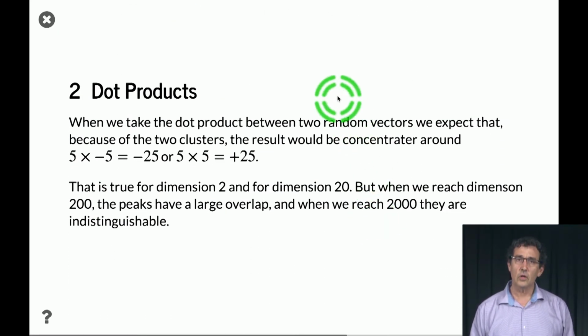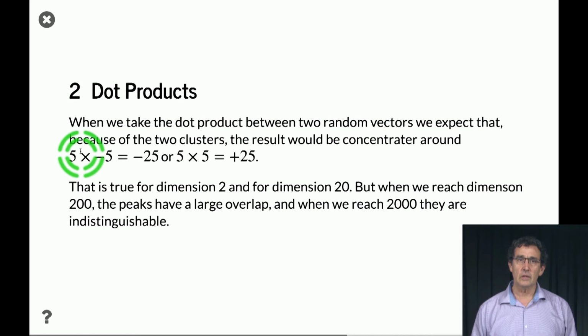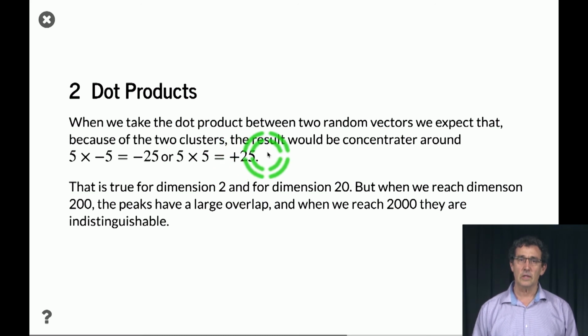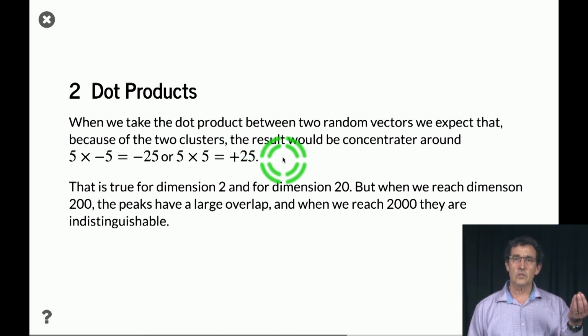Dot products we're going to look at also. Let's say that we take a dot product between the 2 vectors that we have. In this case, if they come from separate clusters, we get 5 times -5 approximately, so -25. And if they come from the same one, we'll get +25. But again, as the dimension increases, this effect of -25 to +25 is still there, but it gets completely absorbed inside the noise.